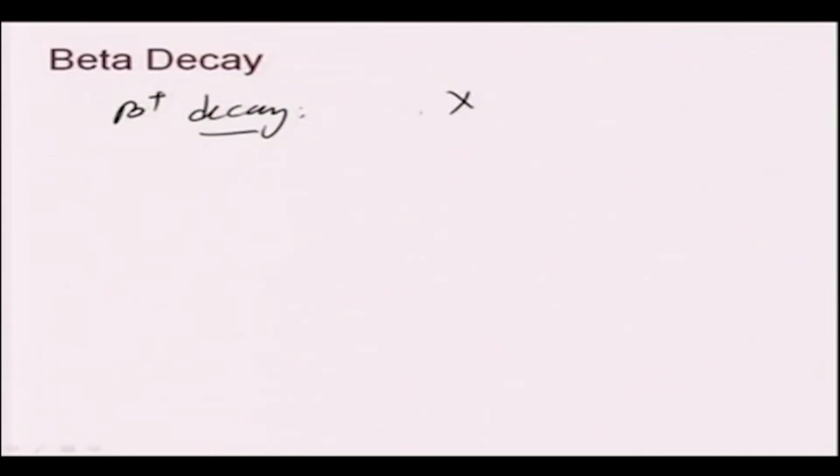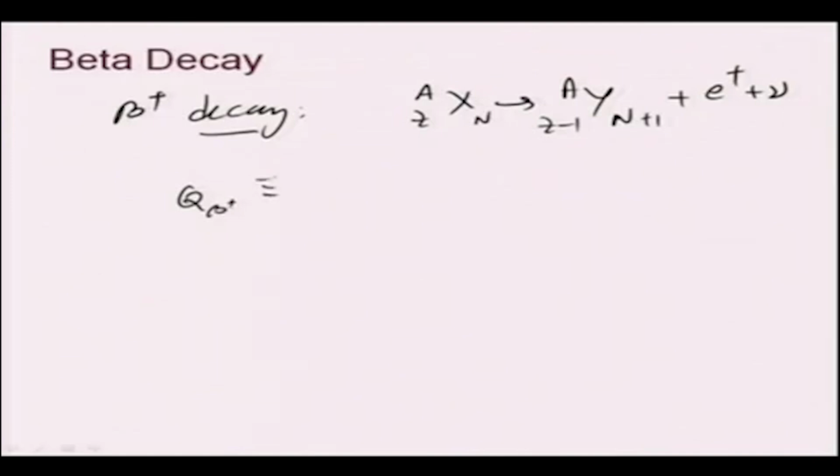Let us consider the beta plus decay. It is X (Z, A) going to Y (Z minus 1, A) plus a positron and a neutrino now. In a similar vein, we can define the Q factor as m_x, the nuclear mass, minus m_y, the nuclear mass, minus m_e.